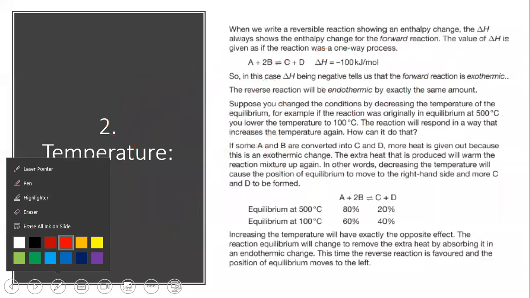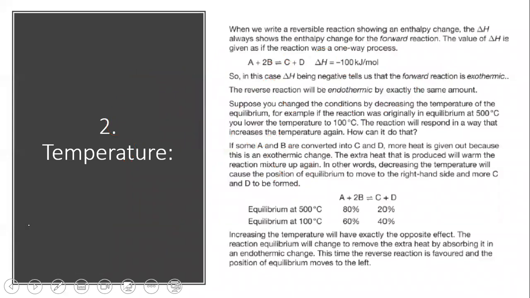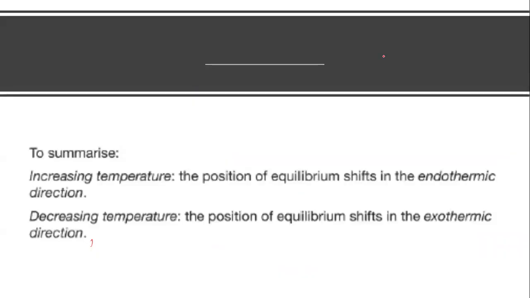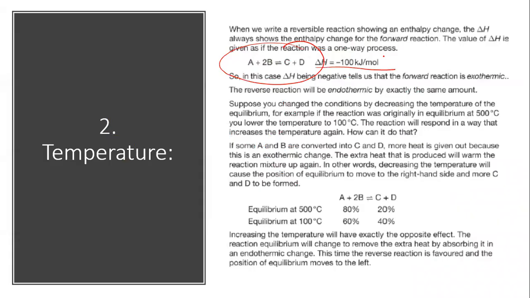Now, generally in the exams, they'll give you a reaction, and in front of the reaction they will write down the value of enthalpy change, or the value of heat energy change. The value that they give you is generally for the forward reaction. So for example, if it says delta H minus 100 kilojoules per mole, this value is for the forward reaction.